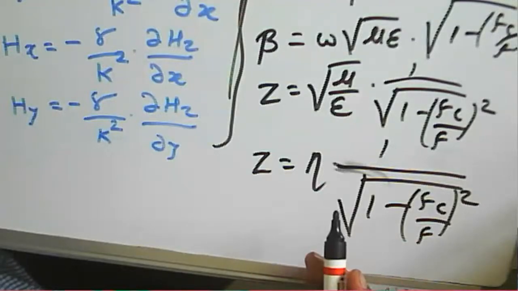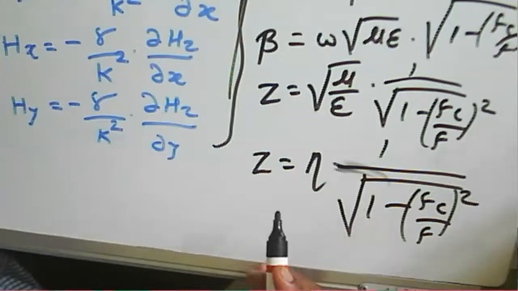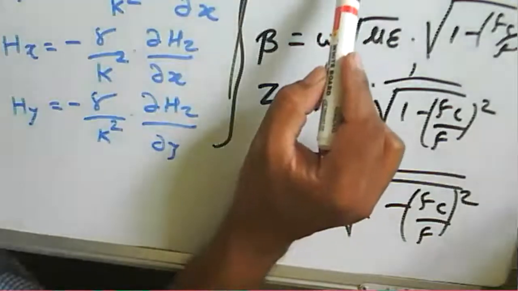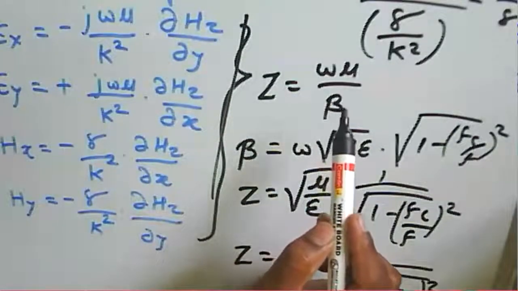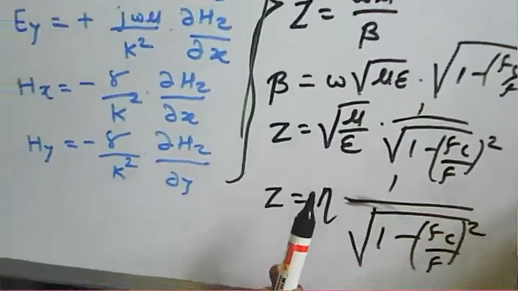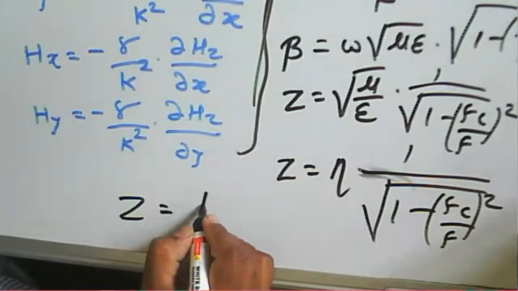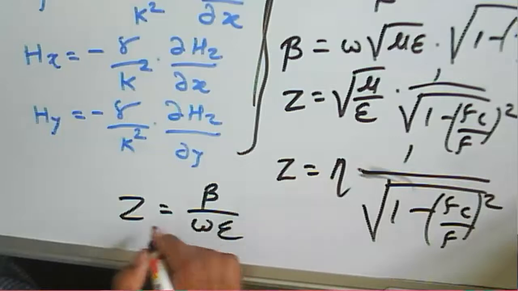Similarly, we need to calculate Z for the TM mode, because Z is equal to omega mu by beta here, which we are getting for the TE mode, but Z is equal to beta by omega epsilon that we are getting for the TM mode.